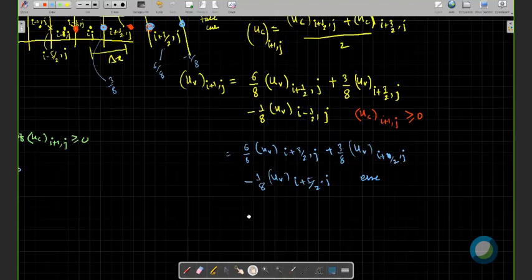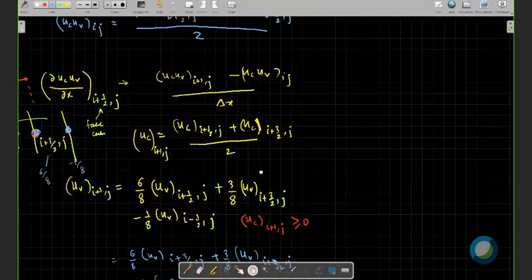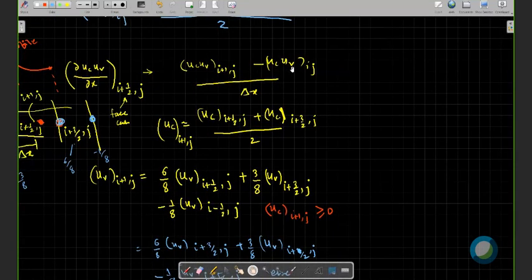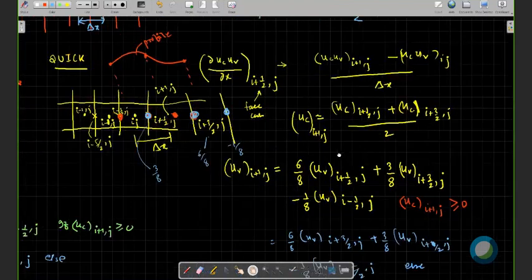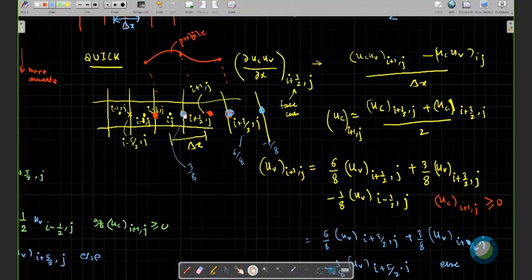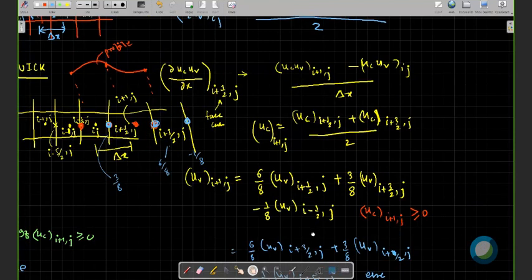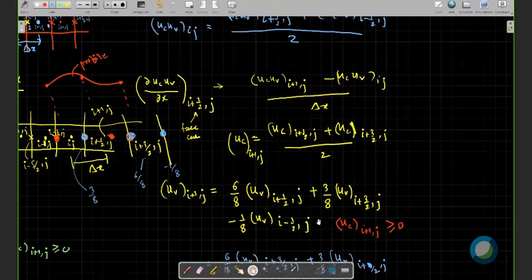Phi ij, in this case the UC Vij. Again, you can calculate UC Ij as the average of I plus half j and I minus half j. Then you start calculating the value of UVij.